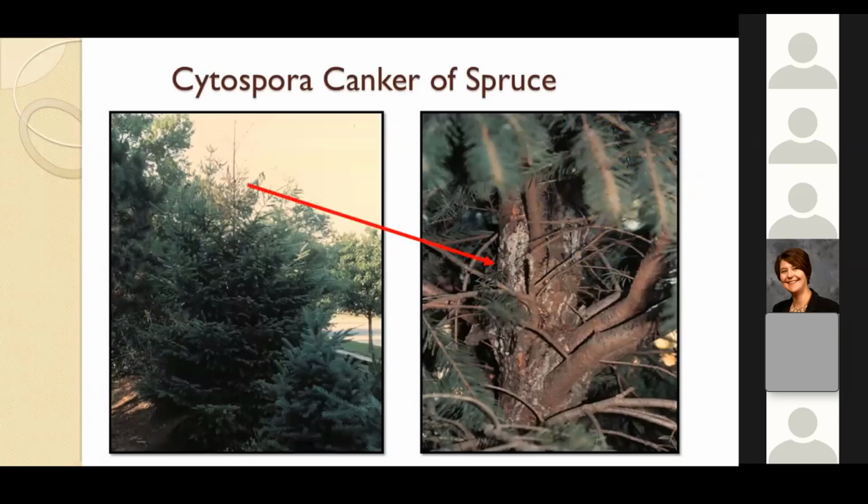Anytime one portion of a tree is just dead, try to follow that dead portion back down to the main trunk if you can, and there's a good chance you'll see some sort of canker that's developed. That canker cuts off the vascular system. Nutrients and water are no longer able to flow through to the affected areas of the tree.